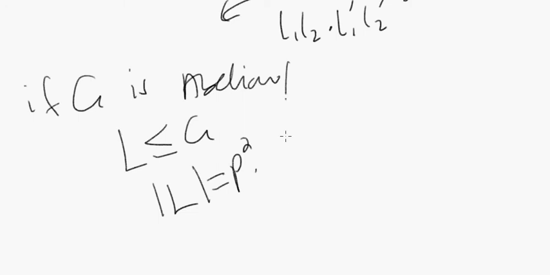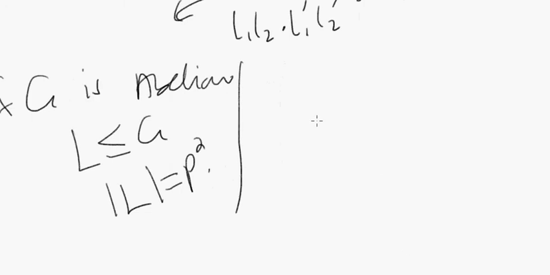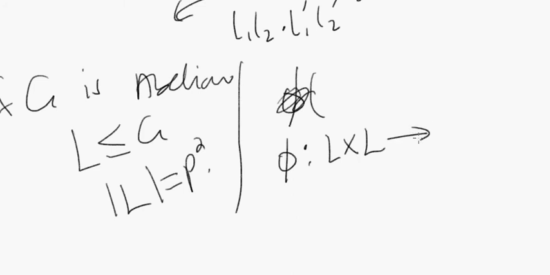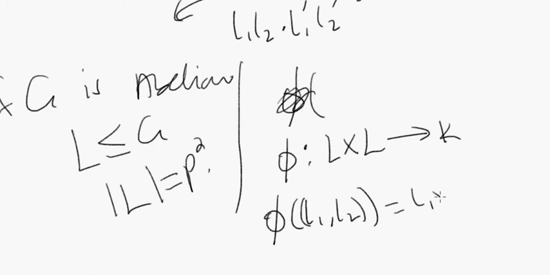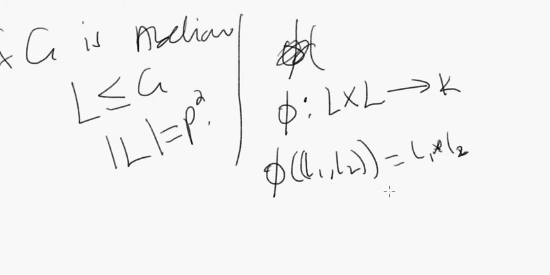Then we're saying that the map phi from L cross L to some K, the one that sends L1, L2 to its product, just L1 times L2, well, that map right there seems to be a homomorphism.